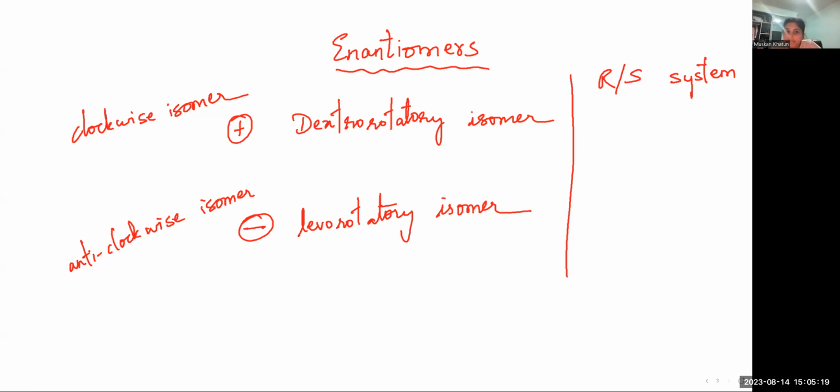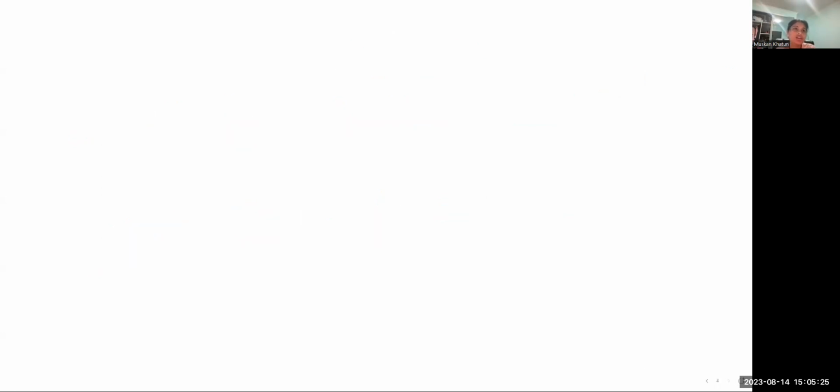The chiral thing is technically just whether they overlap each other correctly or not. That would be the enantiomers, to know if they're going anti-clockwise or clockwise, the D word or the other word.